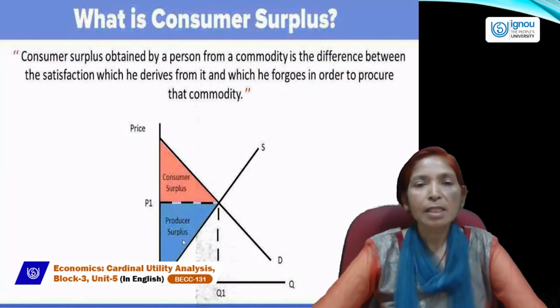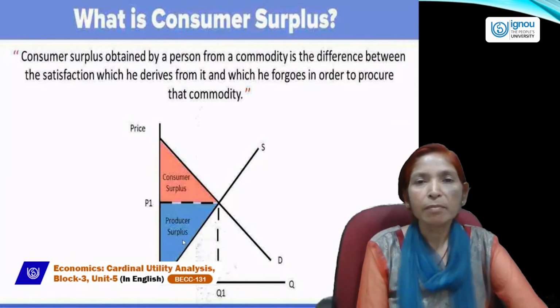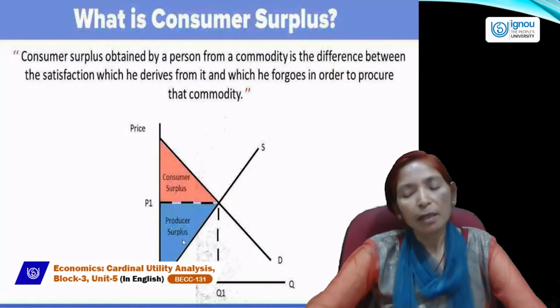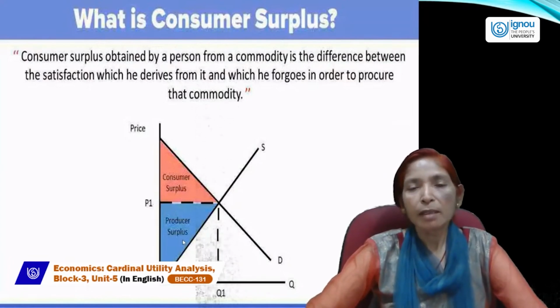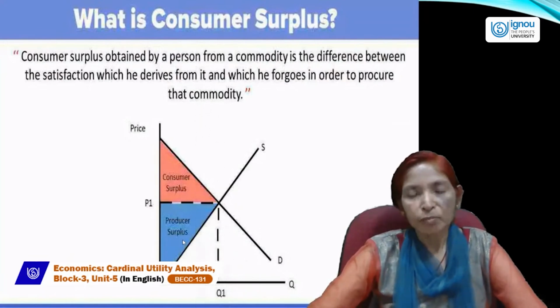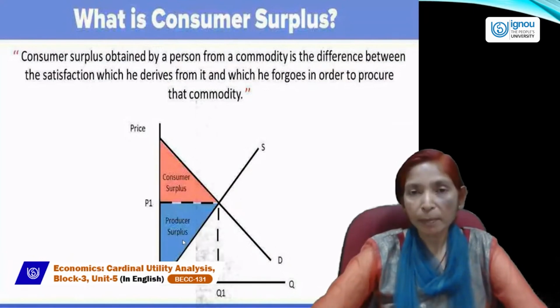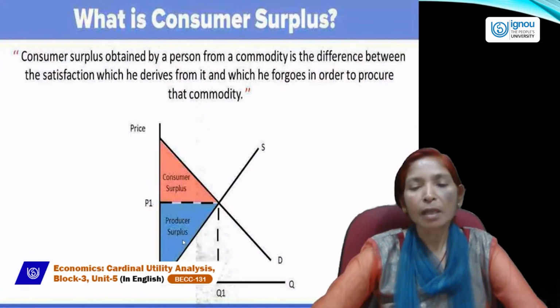In other words, consumer surplus generally occurs when the consumer is willing to pay more but actually pays less. This is the difference between the amount which the consumer is willing to pay and the amount the consumer actually pays. The difference between the amount he actually pays and the amount he is willing to pay is called consumer surplus.